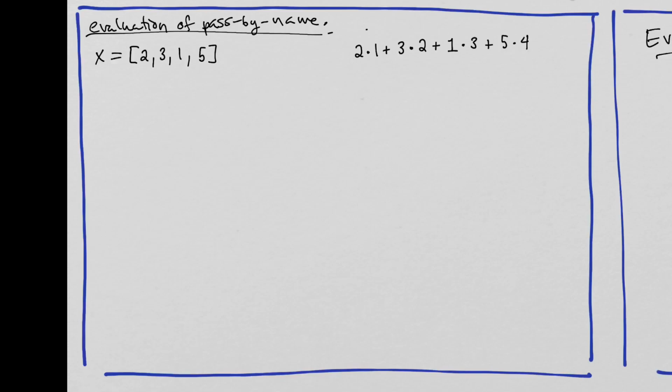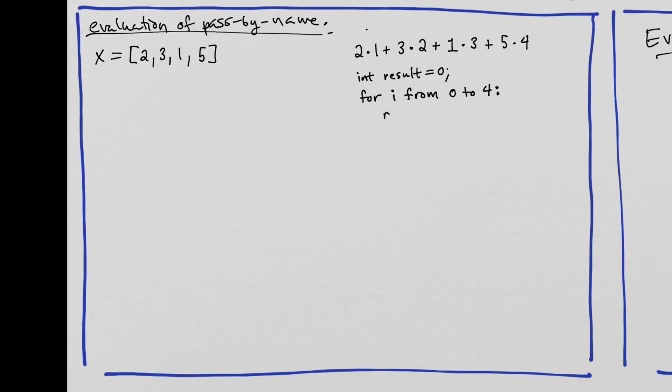So you know how to do this in an imperative language with normal parameter passing modes. You'd write some function that looks like this: int result equals 0, for, and I'm going to write in a little bit of pseudocode here, I from 0 up to 4, let's pretend this is exclusive, so this is going to give me I values 0, 1, 2, and 3.